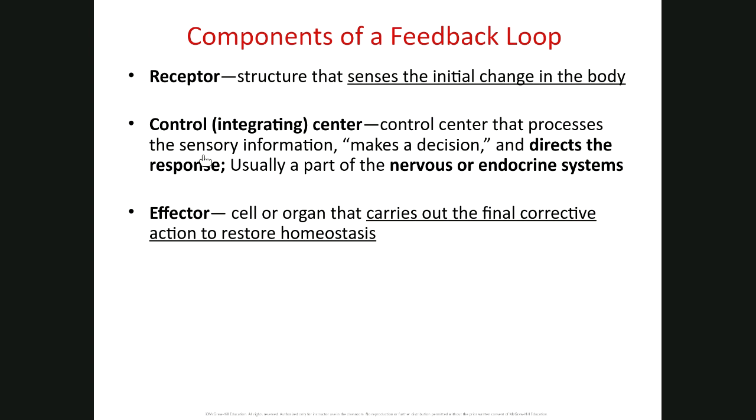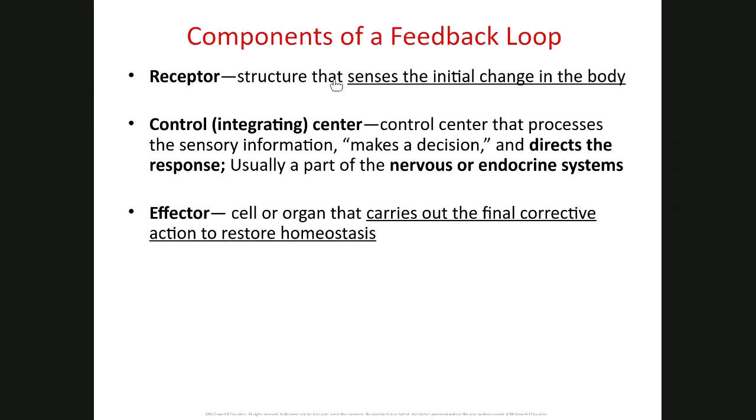That scenario might be one we've talked about. It might be one we've not talked about. It doesn't matter if it's one we haven't talked about, because regardless, you should be able to pick out the receptor, the control center, and the effector in that scenario. Okay, so what are they?